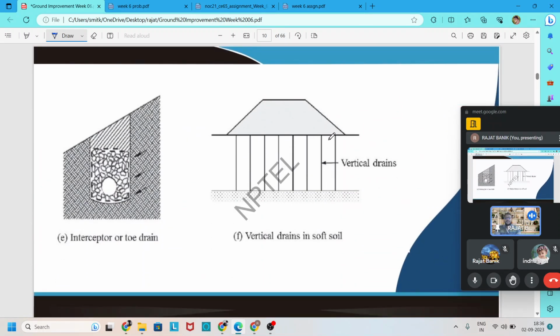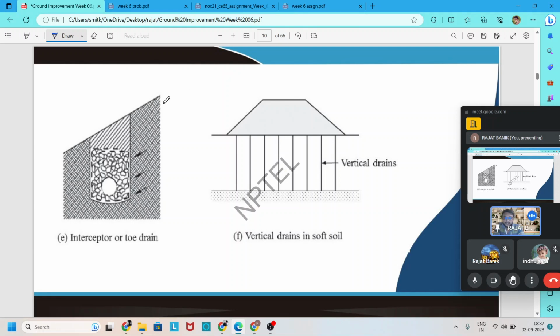Another one is interceptor drain or toe drain. This interceptor drain, or toe drain, is applied on the slope surface or at the toe of the slope. What happens in the rainy season is that running water comes from uphill and gradually increases its velocity. Due to this velocity, a force is developed and the slope may fail.